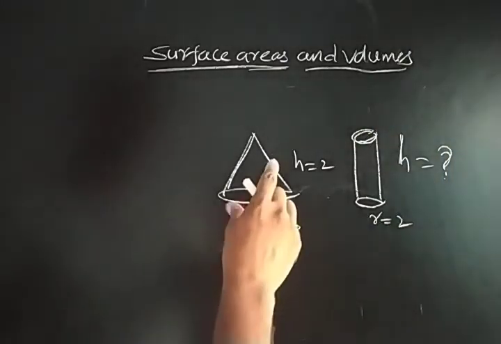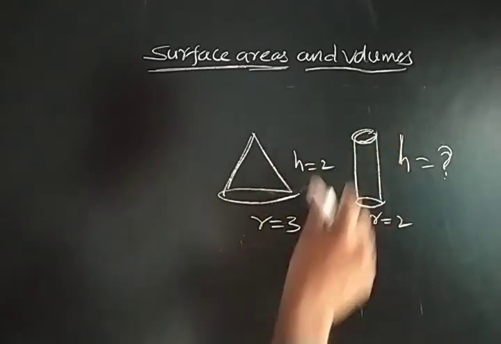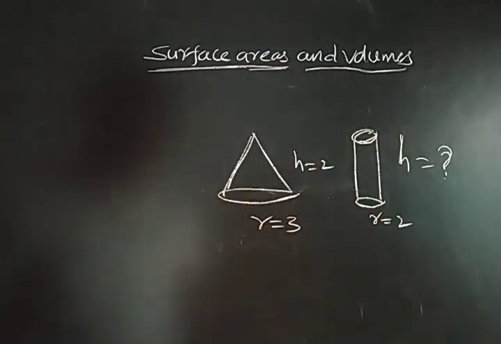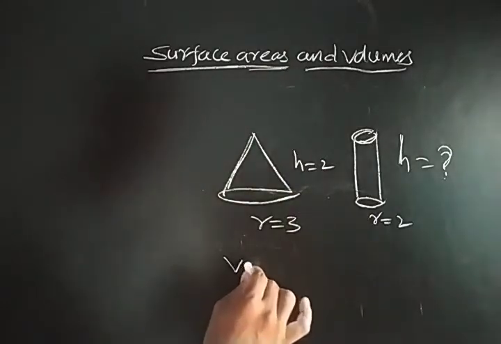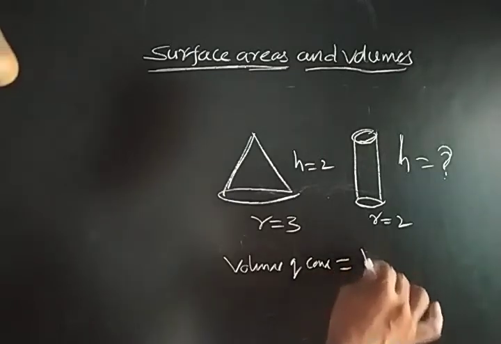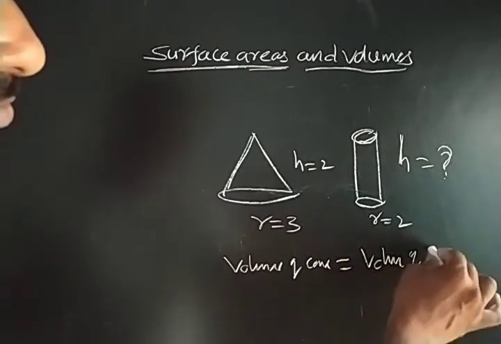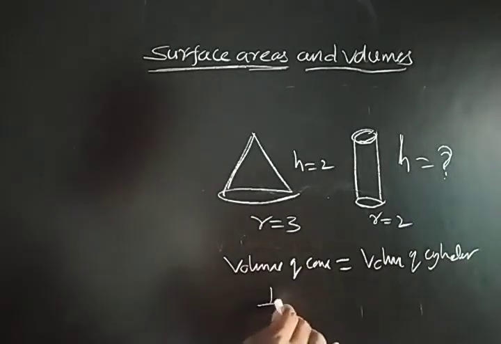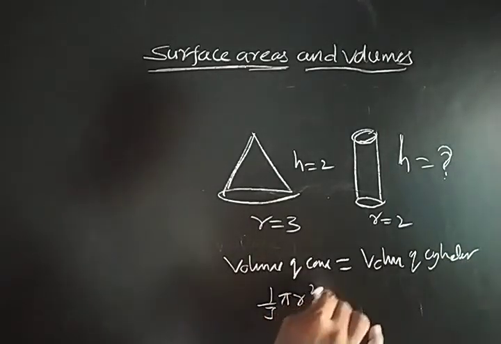So here we are melting the cone and recasting into a new shape. That means volume is not changing, just the shape is changing. So volume of cone is equal to volume of cylinder. Volume of cone is 1 by 3 pi r square h.